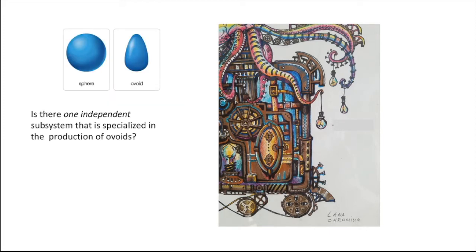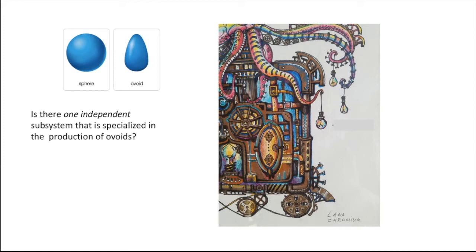The question you want to ask is, for instance, is there one independent subsystem that is specialized in the production of ovoids? That is, is there a separate ovoid maker, perhaps alongside a sphere maker and any other figure that it makes? Well, this is not the only possibility. There could be perhaps a single process that assembles all the shapes.